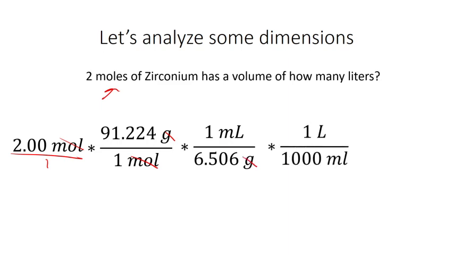And then, of course, the final conversion, a metric conversion, milliliters to liters. Everything cancels out. So we have 2 times 91.224 divided by 6.506 divided by 1,000 to give us our answer of 0.0280 liters.